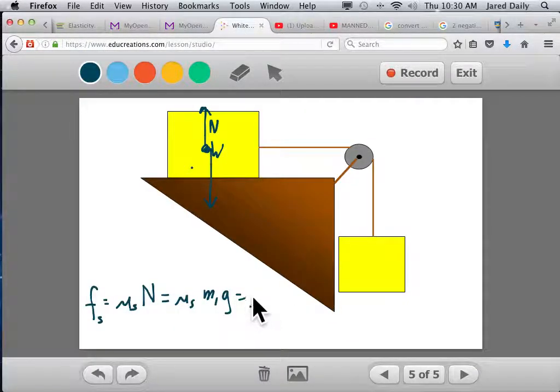So I have 0.27 times 614 kilograms times gravity, 9.8, and that's part A. We do that math, and 0.27 times 614 times 9.8 is 1,624 newtons.